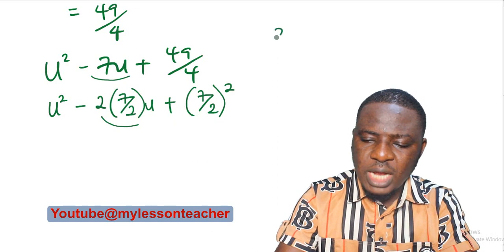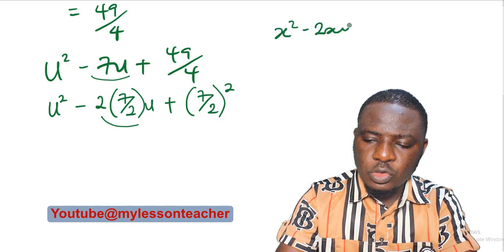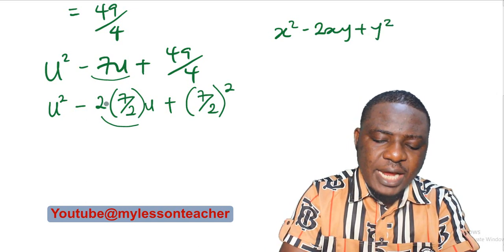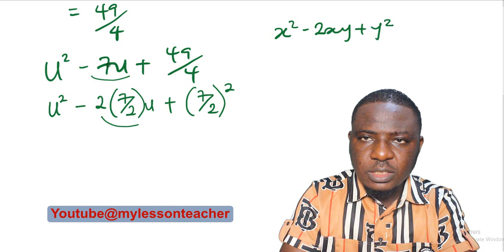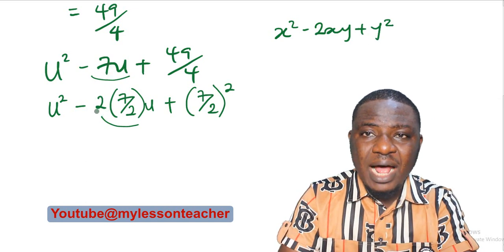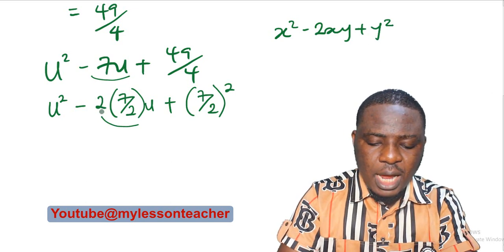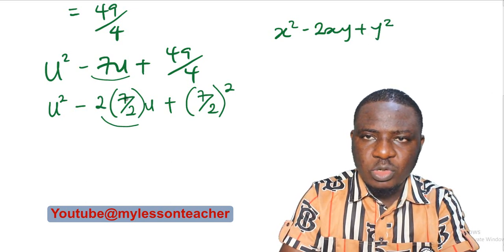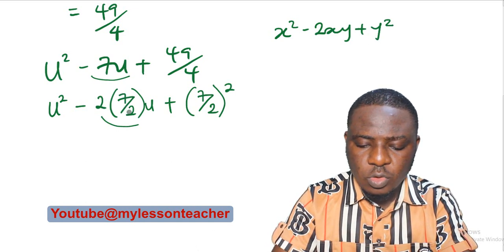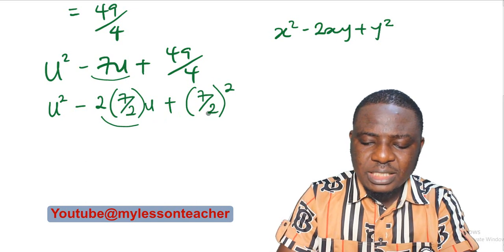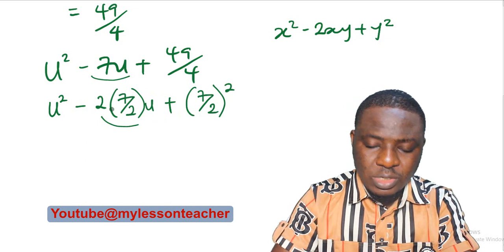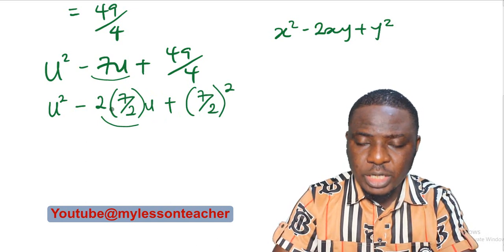Since I'm to write it in the form x squared minus 2xy plus y squared, I'll have to divide the coefficient 7 by 2 and multiply it by 2, or factorize out 2 from the coefficient. When you factorize out 2 from this, you get 7 over 2. So that's how I'm able to get this. Then you write this in index form in the middle term.